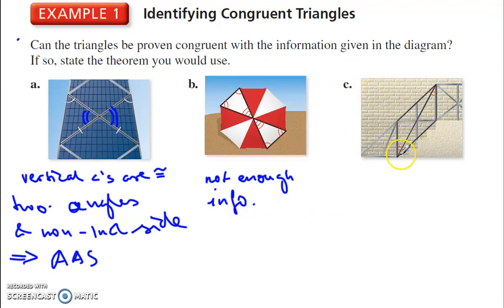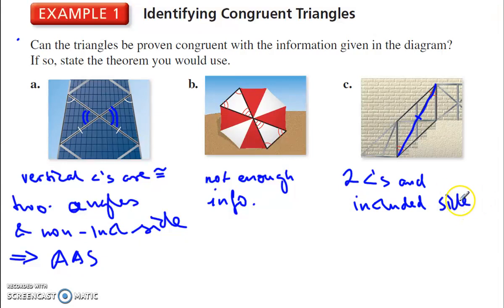C, we know this angle is congruent to this one and this one's congruent to that one. So we have two angles and they share this side that's in between those angles. So we have two angles and one included side. Therefore, we can use angle-side-angle to prove that they are congruent.